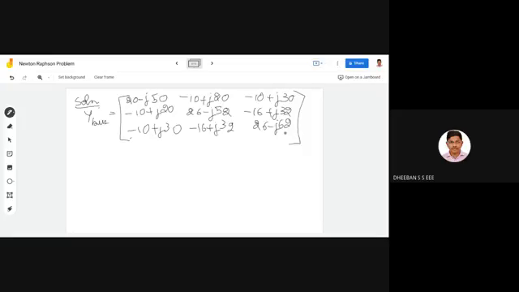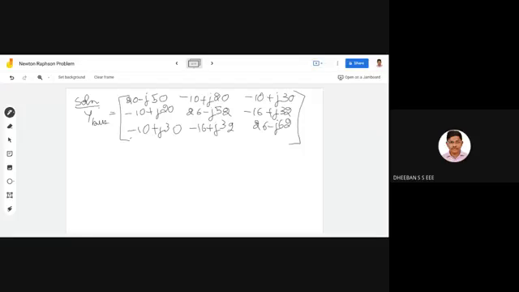I hope you are getting this Y bus matrix, right? No confusion with respect to this formation. Yes or no? Can you at least type in the chat box? So you are getting it, right.